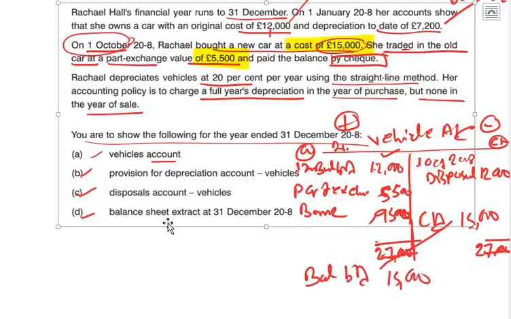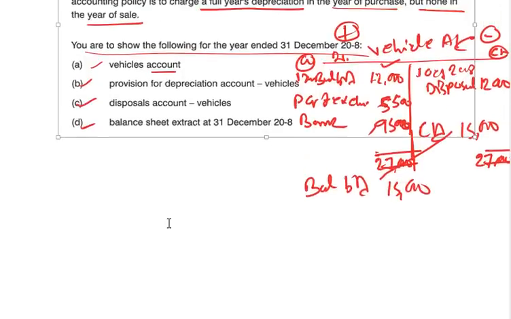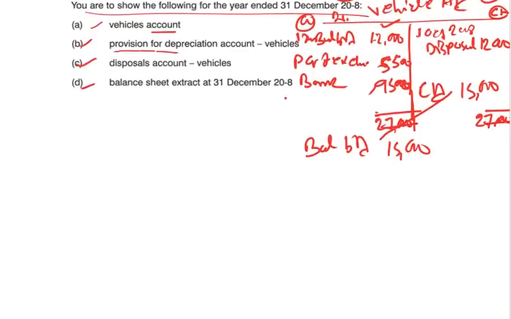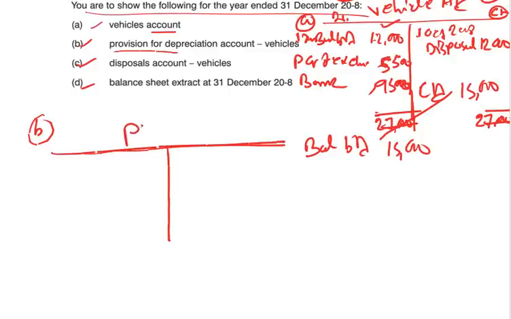That's my vehicle account. The second one, I've been told to do a provision for depreciation account, which is the accumulated depreciation account. Let's do it here for part B. Provision for depreciation account is a credit account.